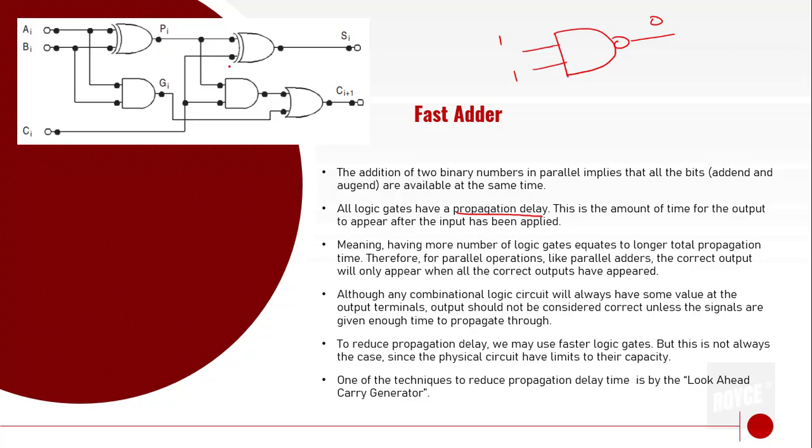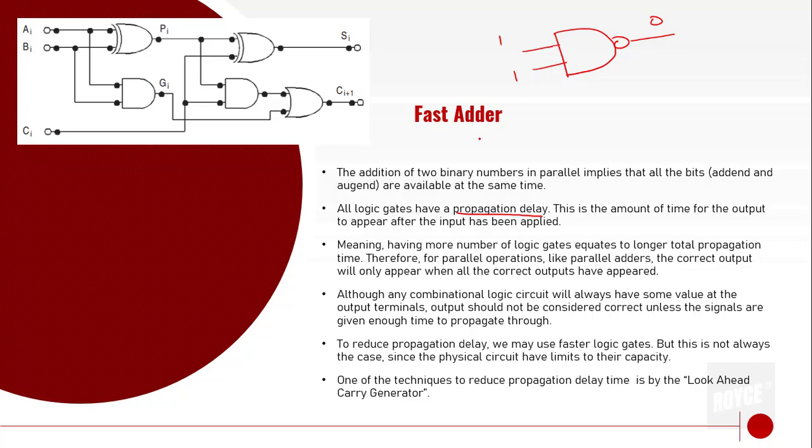Now, pagka yan kinascade mo yung logic gate, halimbawa ito, isa, dalawa, then ito, isa, dalawa. So, kailangan mong bilangin yun lahat. Ilang logic gates yung dinaanan niya. So, that is your propagation delay.